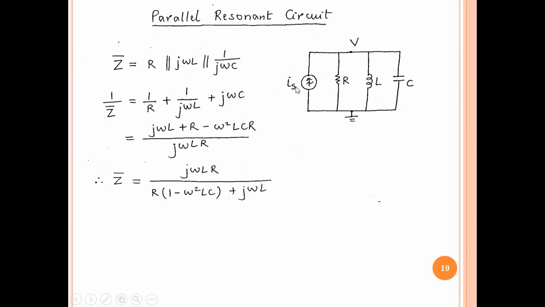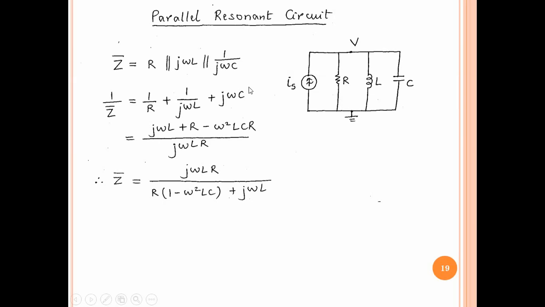Since IS is 1, the magnitude of V will be the same as the magnitude of Z. So I'm going to look only at the magnitude of Z, but everything we say about Z applies to V because IS is assumed to be 1.